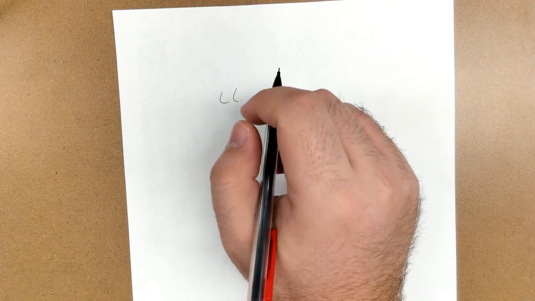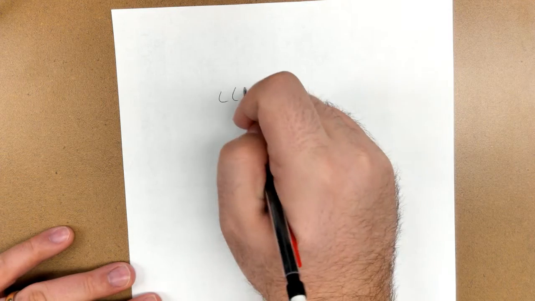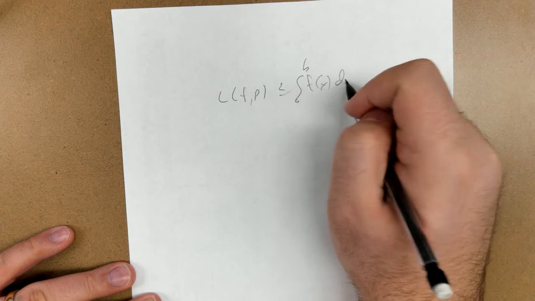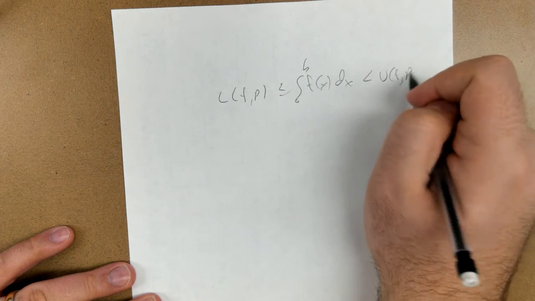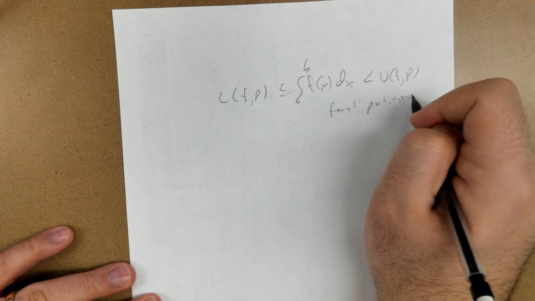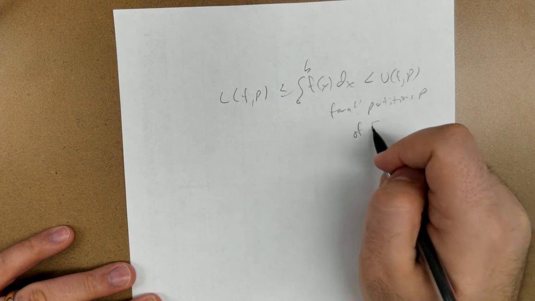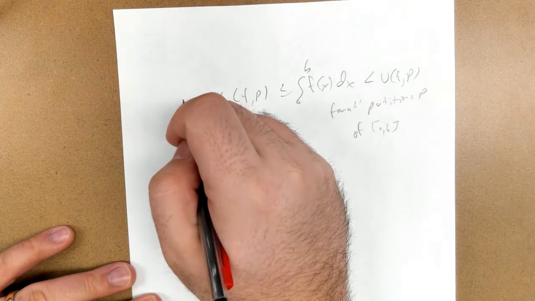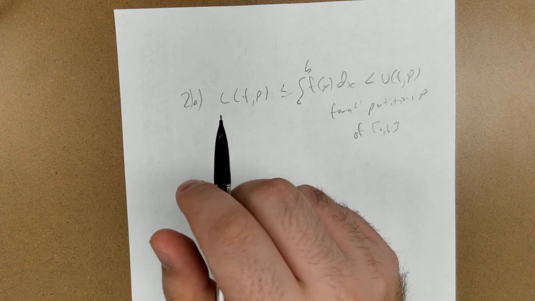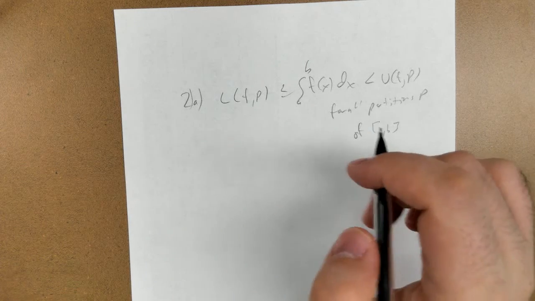So 2a says when an integral exists, it is a unique number that lies between L(f,P) and U(f,P) for all partitions P of AB. This is 2a, and this is true.